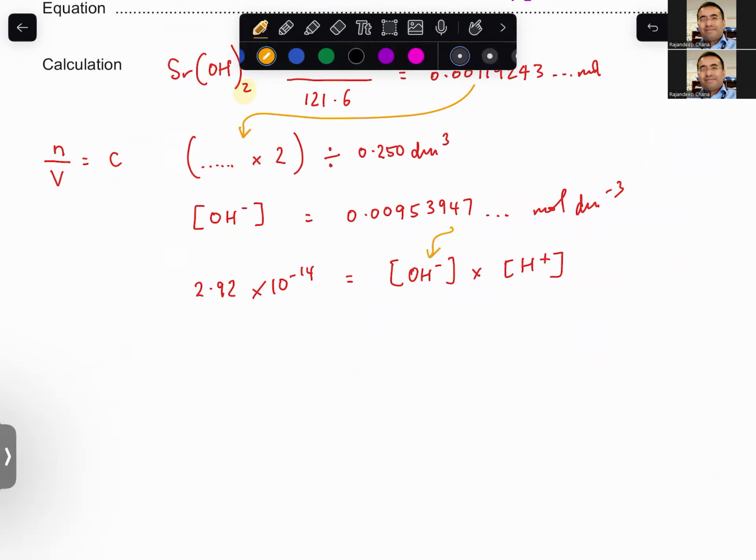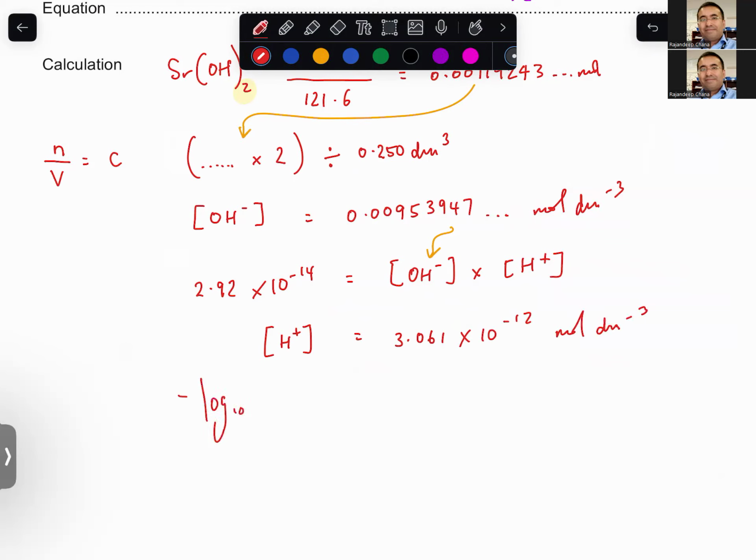And so the concentration of the H plus ions is equal to this, and then plug it into the pH expression, minus log to the base 10 of this concentration.